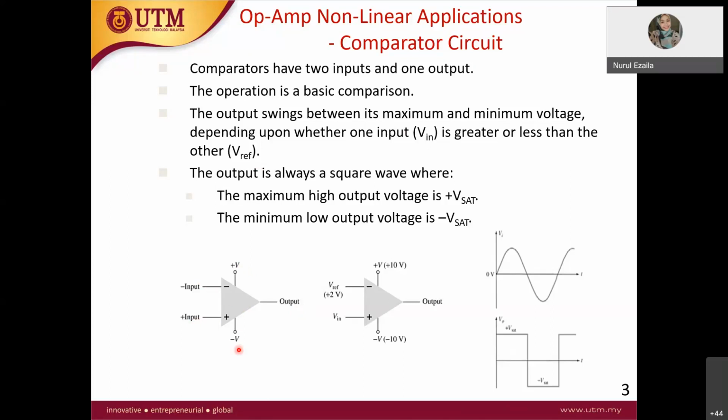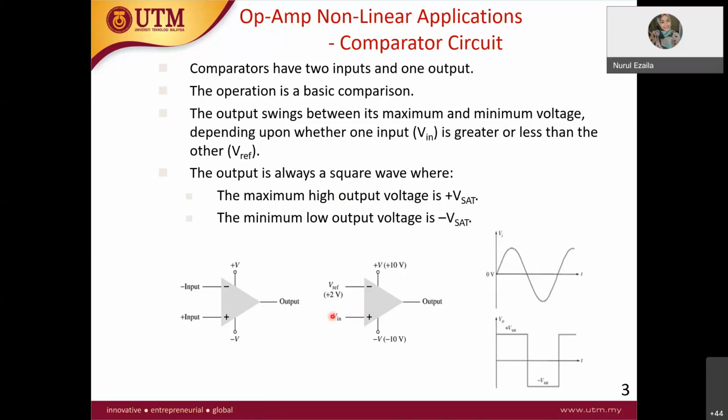Whatever the input, the output cannot be greater than the supply, plus minus 15 volt for example. The output is always a square waveform. For example, your input is 10 sine omega t.